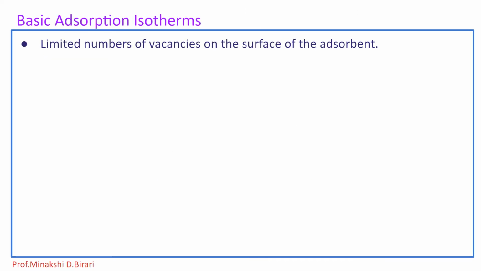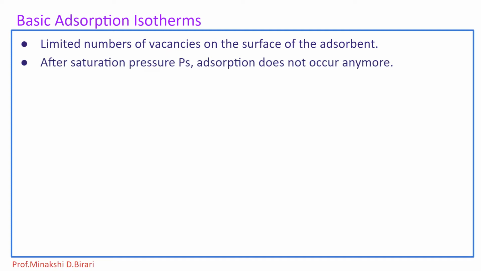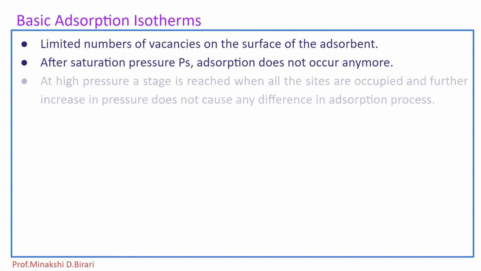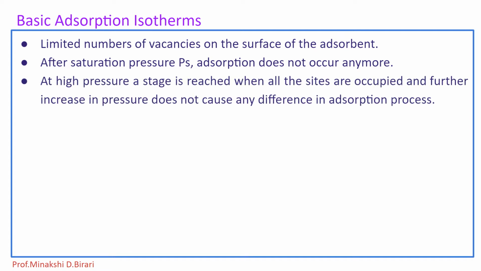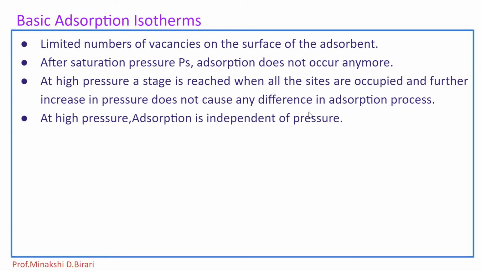There are limited numbers of vacancies on the surface of the adsorbent. After saturation pressure, adsorption does not occur anymore, and at higher pressure a stage is reached when all the sites are occupied and further increase in pressure does not cause any difference in the adsorption process. At higher pressure, adsorption is independent of pressure.